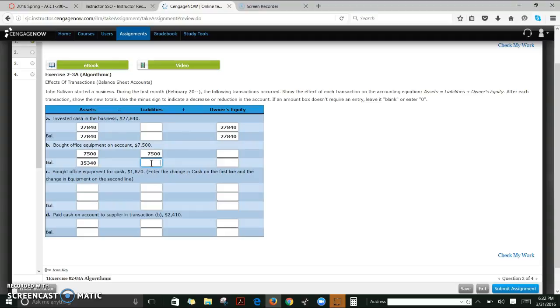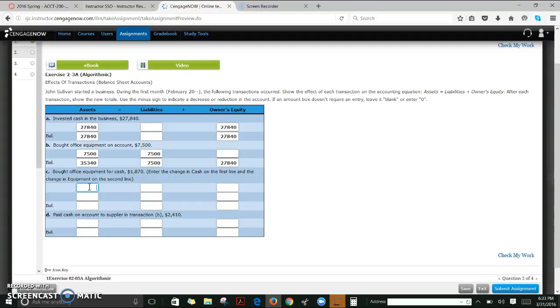Okay, liabilities are 7,500 because that was the only effect so far. And then bring down your owner's equity of 27,840 because it was not affected. And as you go, just to check yourself, be sure that 35,340 equals 7,500 plus the 27,840. The left side should always equal the right side.